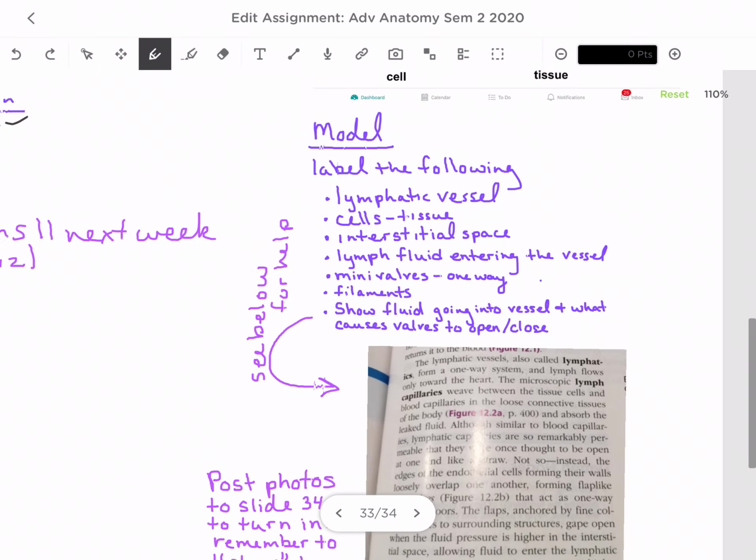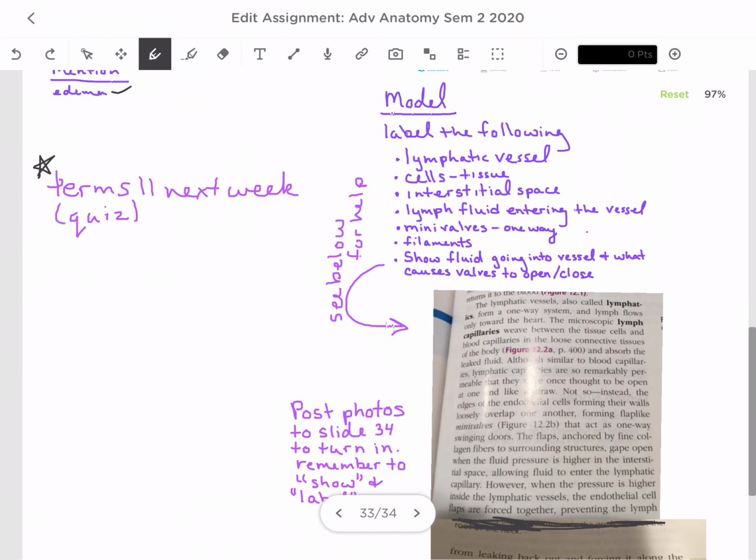I did want to take just 2 seconds to talk about your assignment, if you want to do it today, great. If you want to do it tomorrow, great. But this is part of your weekly e-learning. So I would like for you to make a model of a lymphatic vessel.